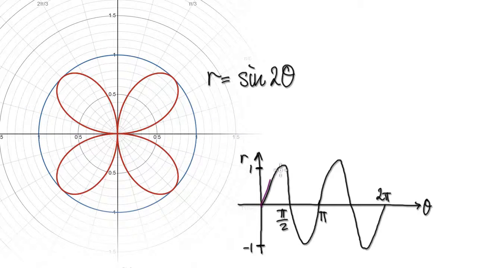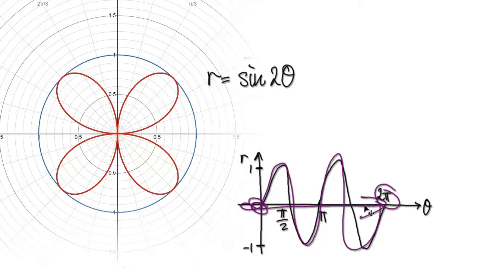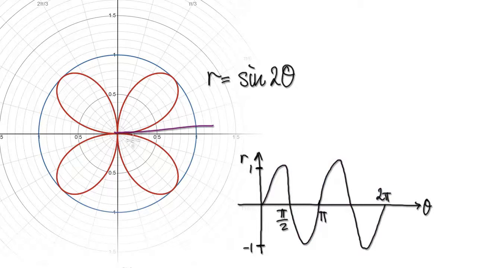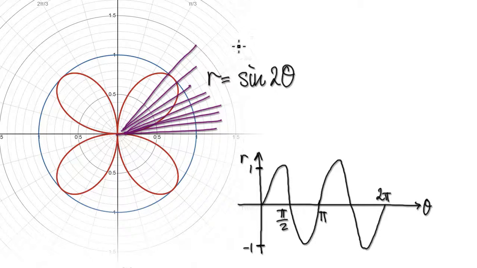But look what's happening as you move from 0 to 2 pi. Hang on, let's start again. So here you're moving around like this. When the angle is 0, you can see that the radius is 0, so it starts here. But as you're moving around, by the time you get to 45 degrees, which is pi over 4, this is pi here, pi over 2 is here, pi over 4 is actually here.